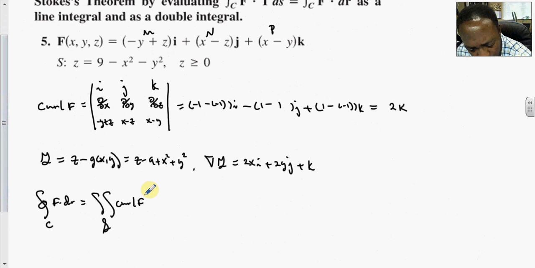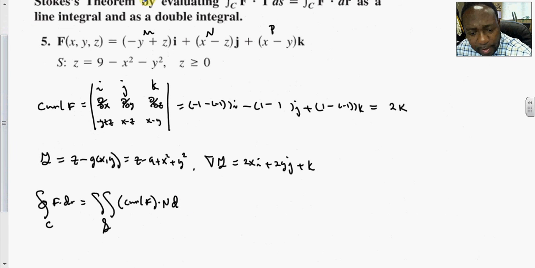of the dot product of the curl of F dot n dS.